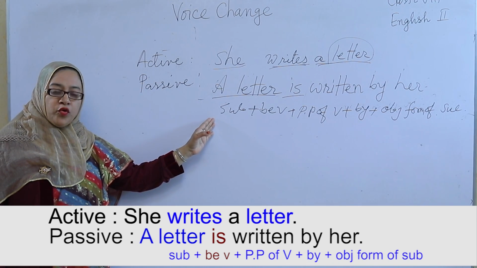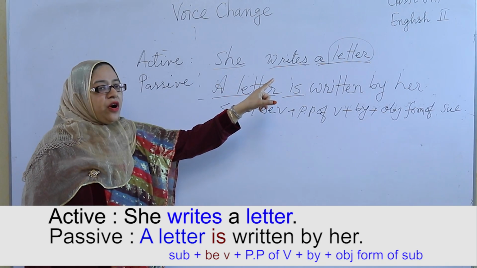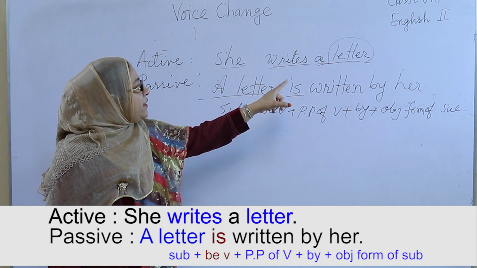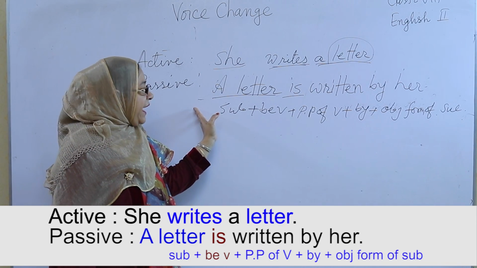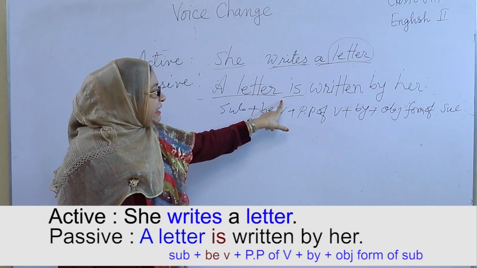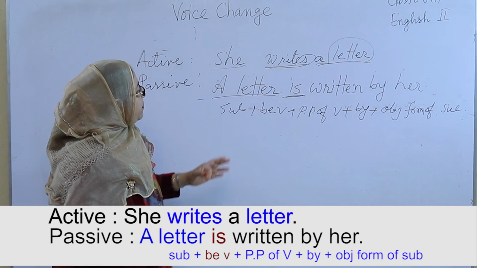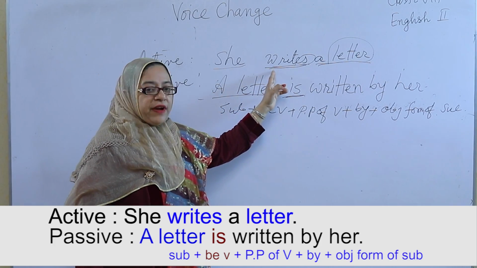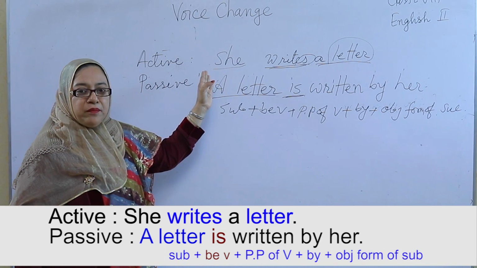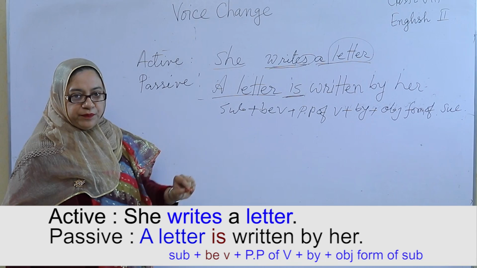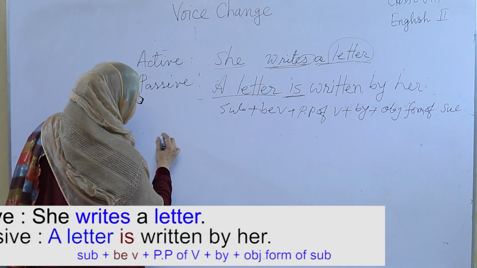So we see that the object form of the first sentence, a letter, becomes subject of this sentence, and then I use be verb is because it is present tense. I use be verb, and then the past participle form of write is written plus by, and then the objective form of subject her. So look at, again I write another sentence.